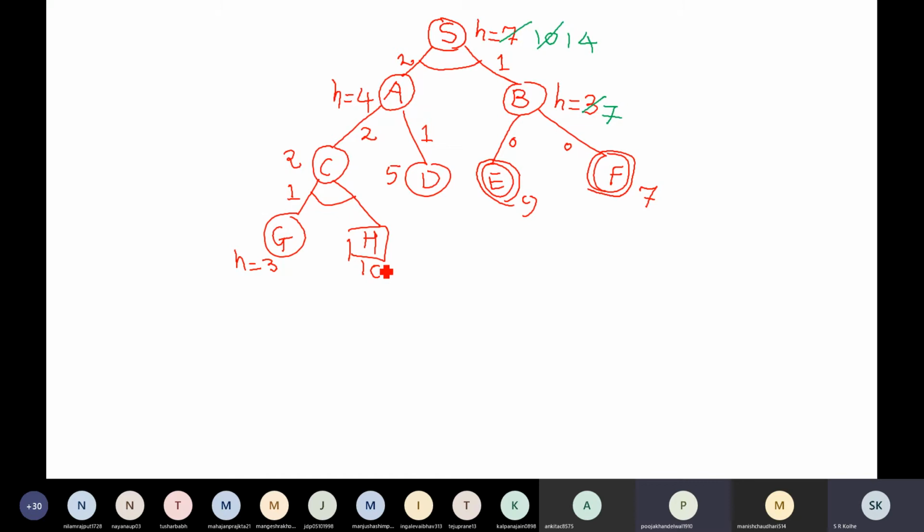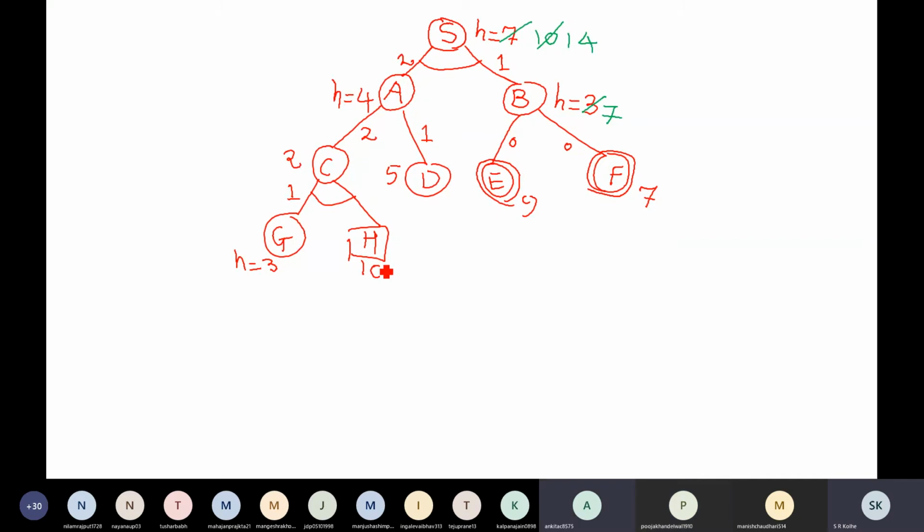Check if G and H are terminal nodes. G is not terminal, but H is terminal.